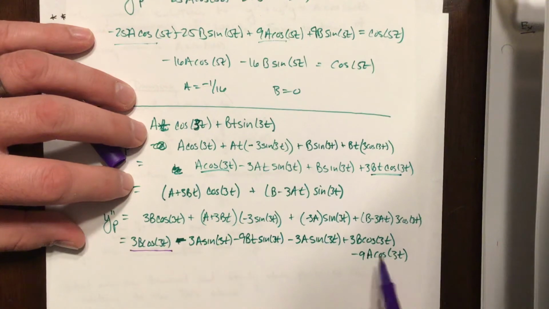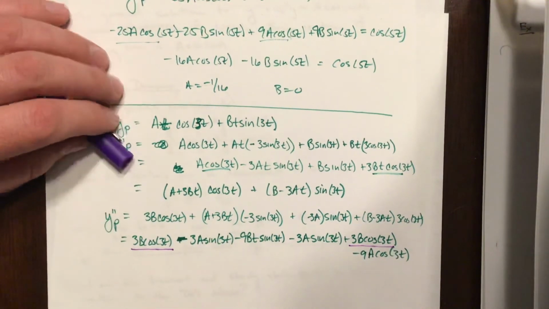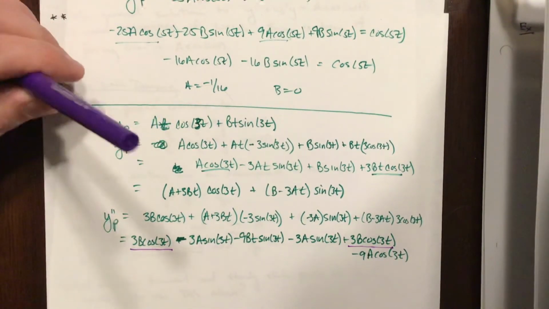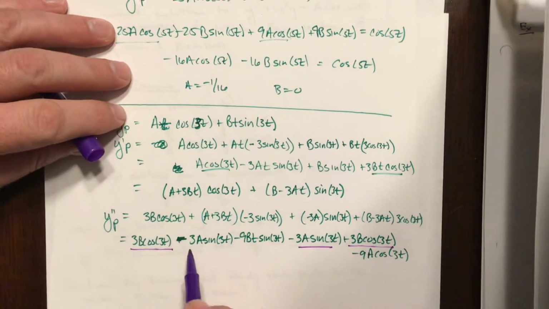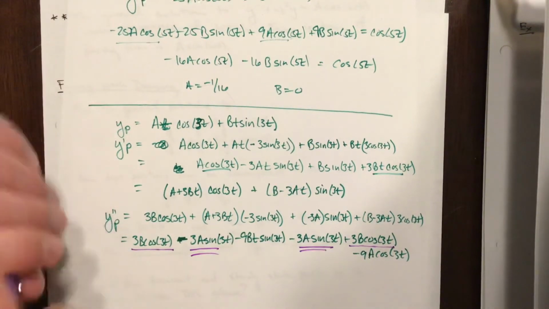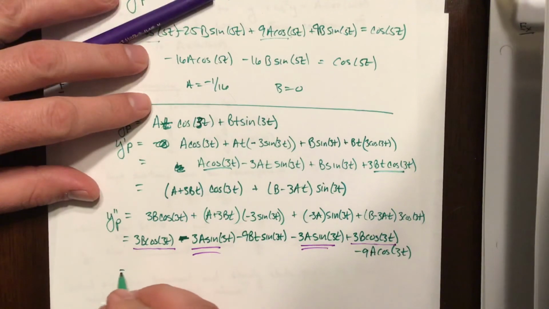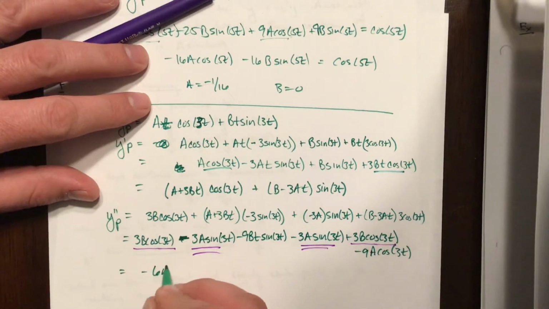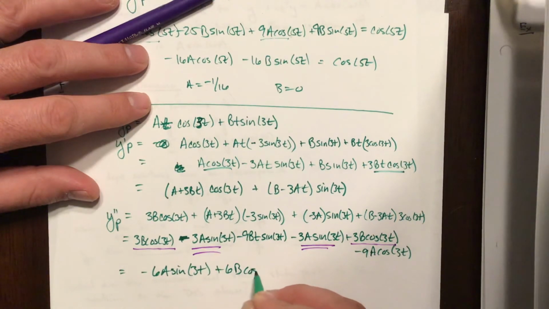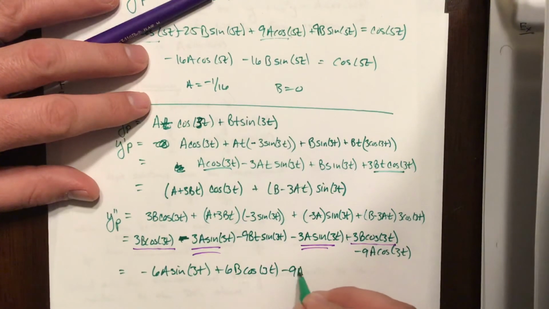We have a 3b cosine 3t and a 3b cosine 3t. Then we have 2 minus 3a's, so let's group those together. Minus 6a sine 3t plus 6b cosine 3t minus 9a.